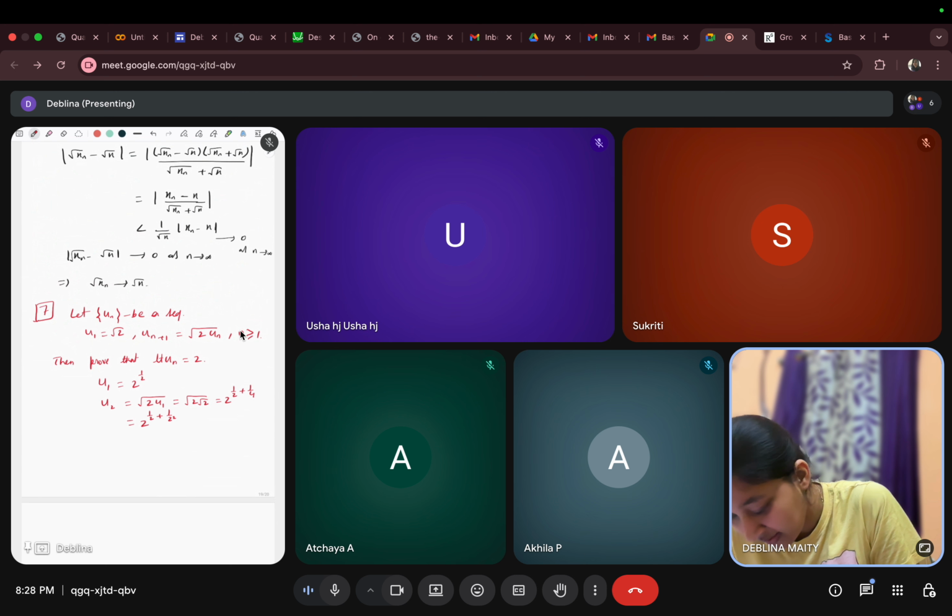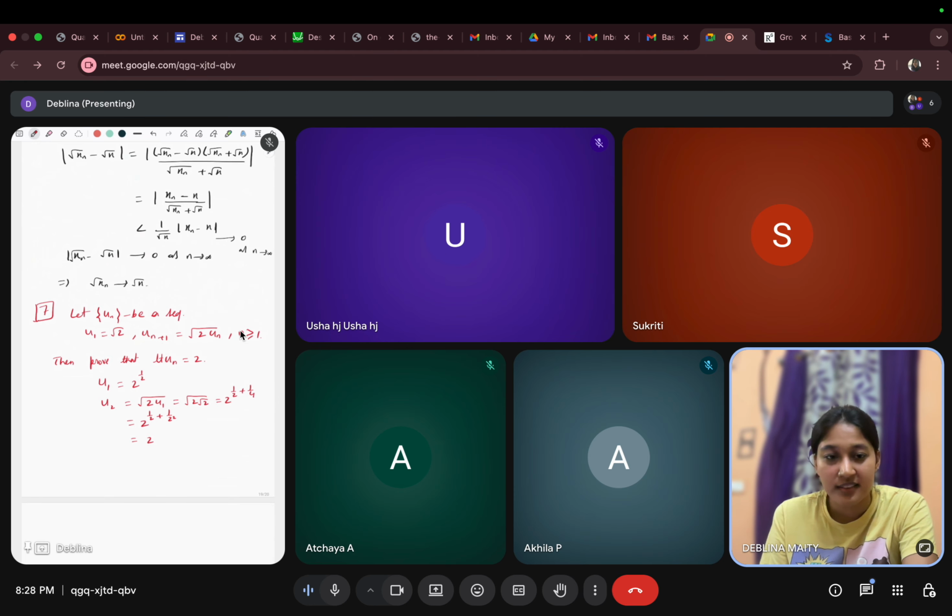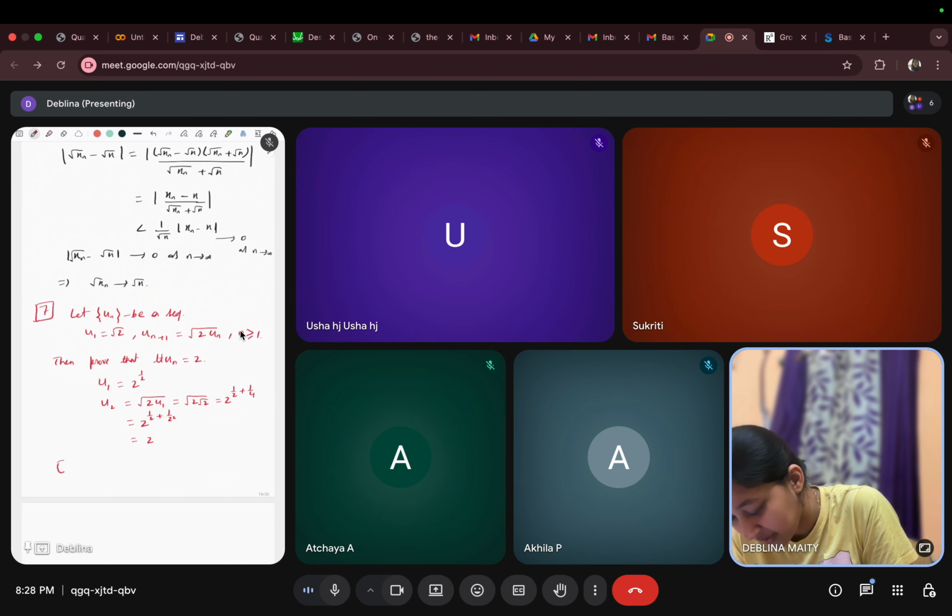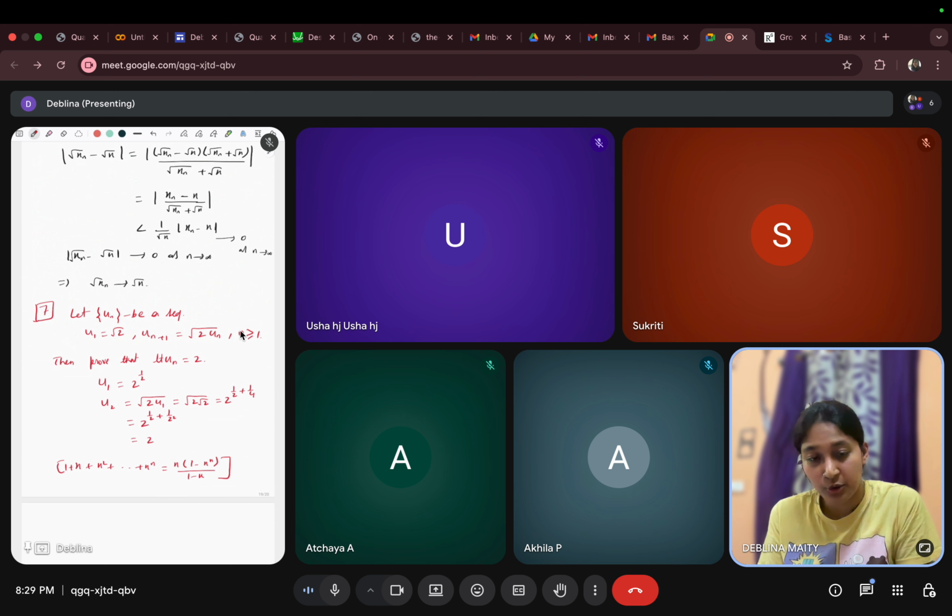Now if you remember the geometric sum, x plus x squared plus up to x to the power n is nothing but x into 1 minus x to the power n by 1 minus x.